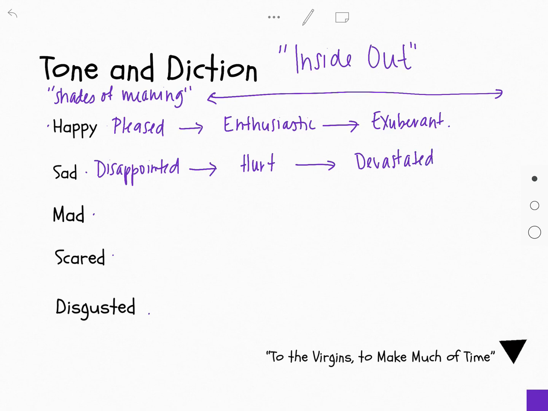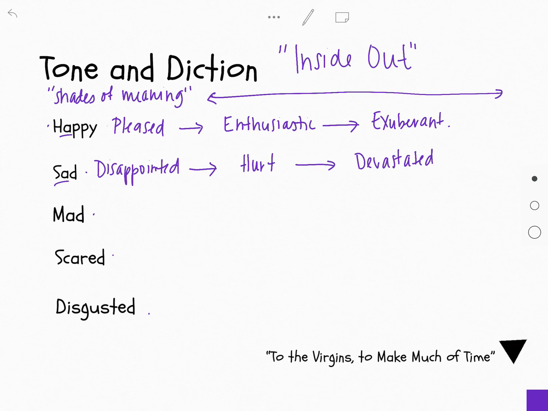When we're identifying tone, we need to be very specific about the word we would use to describe it. Because if we just say sad or happy, one, they're never going to give you that as an option on a multiple choice question. But two, in your analysis, if you simplify it that far, there's no way you can get the sophistication points because you're limiting what that author is doing to one of 5 very basic emotions.